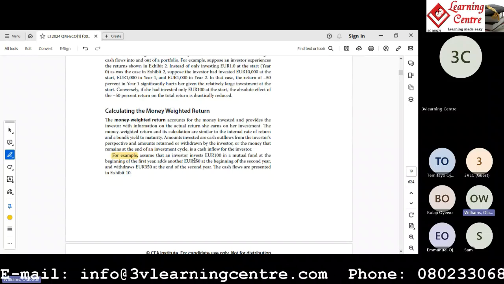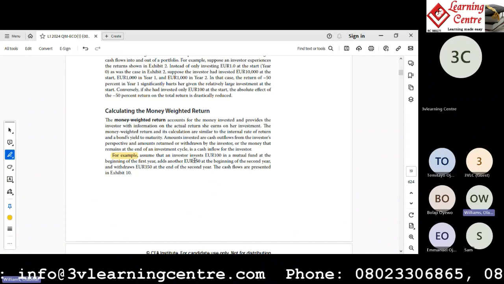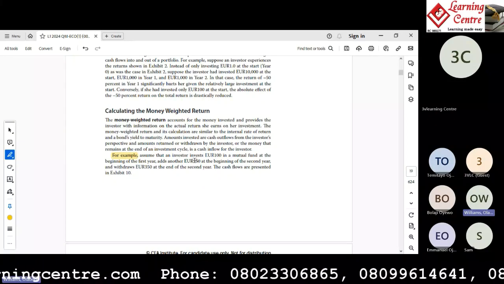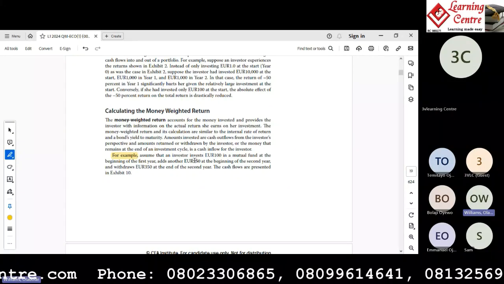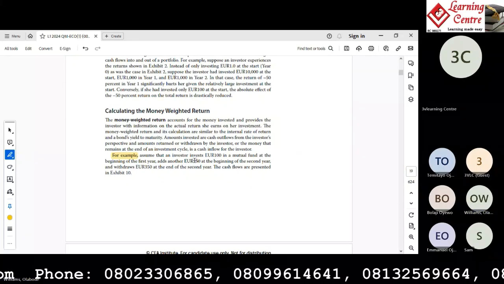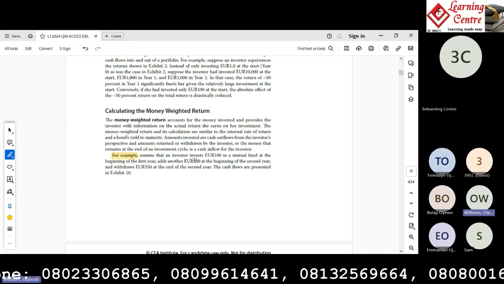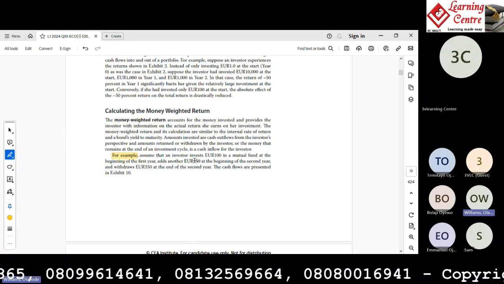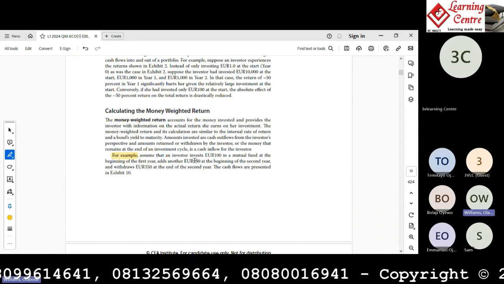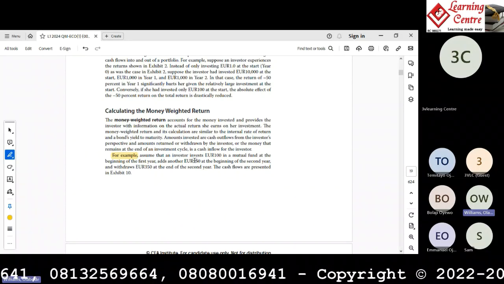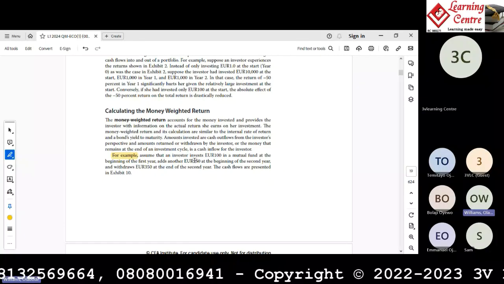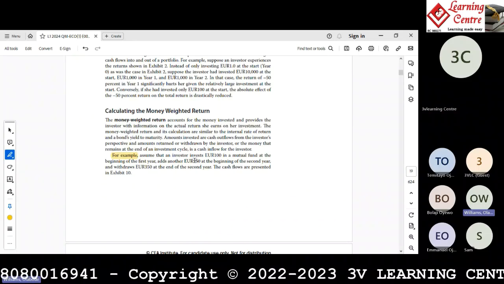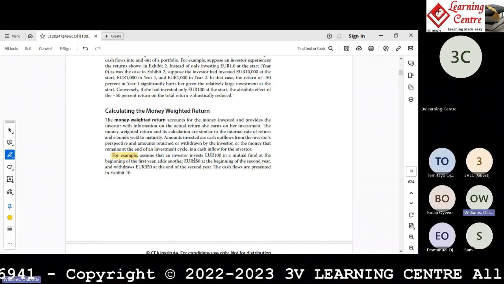So 100 euro will be the year 0 cash flow. The 950 added in year 1, that is December 2024, will be indexed as the year 1 cash flow. And then in the second year, it made a withdrawal of 250. So that will be indexed to year 2. But again, how do you index? Depending on the time where the cash flow happens. So look at the time where the cash flow happens. If it's at the beginning, take it to the previous year. If it's at the end, maintain it in that year.